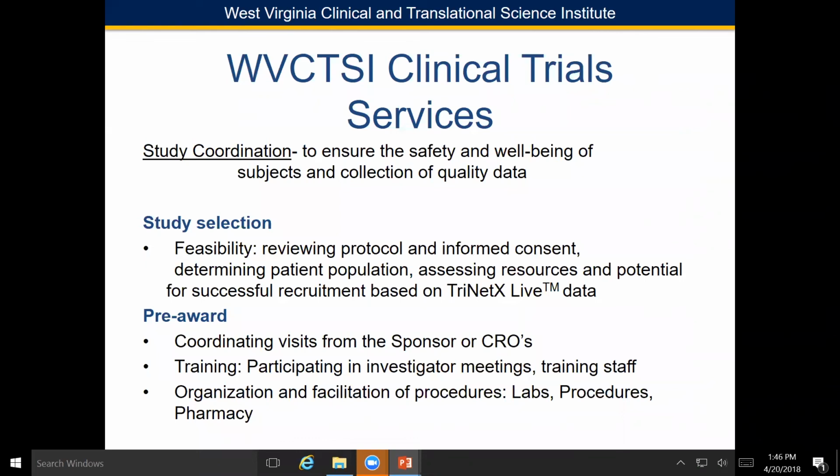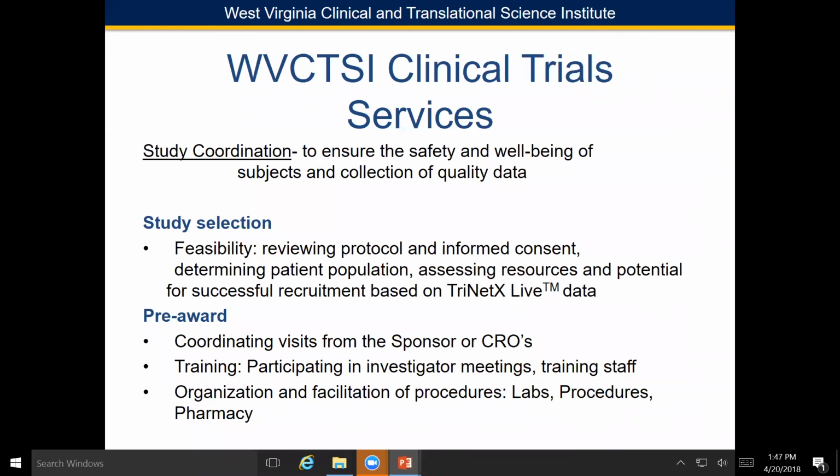We've been using Trinetics to have a pool of patients to, you know, as soon as the study is operational and we're able to enroll, we can use Trinetics to be able to identify patients that may qualify for the study. So if you're not familiar with Trinetics, I won't go into it too much. But if you're not and you're interested, make sure you see me because it is a very good tool.